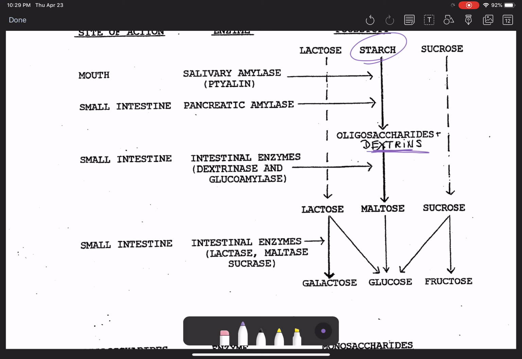And if you guys remember maltose from AP1, we had a model of maltose. All maltose is just two glucose molecules linked together. It's a disaccharide. And by the way, these intestinal enzymes like dextrinase and glucoamylase, you don't have to memorize those terms, but they're just examples, so you know that they exist.